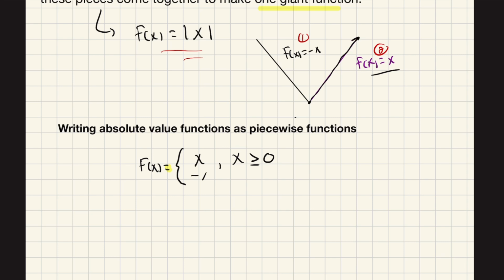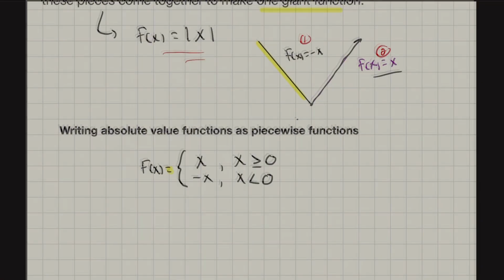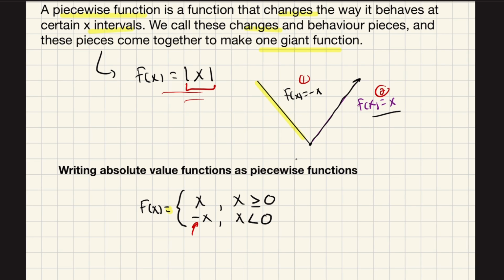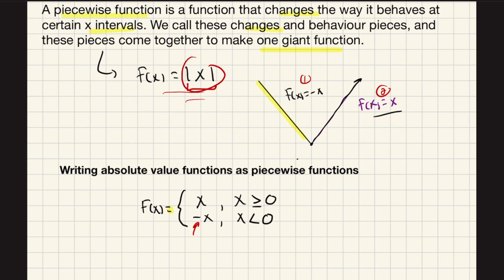Or negative x when x is less than 0. Or that downward sloping line over here. Now what that negative means is that whatever is written inside the absolute value bars over here, you're just going to multiply all of that by the negative 1 in front.